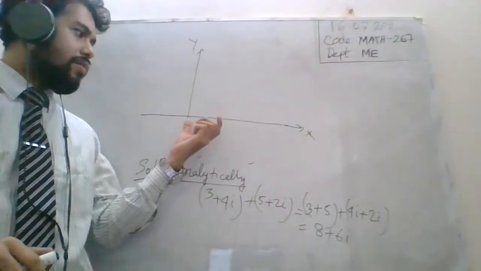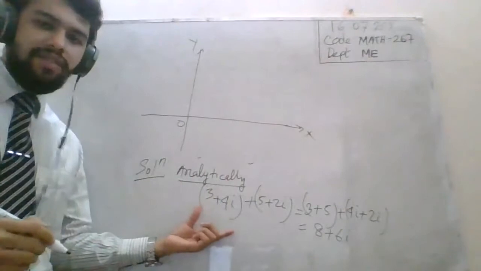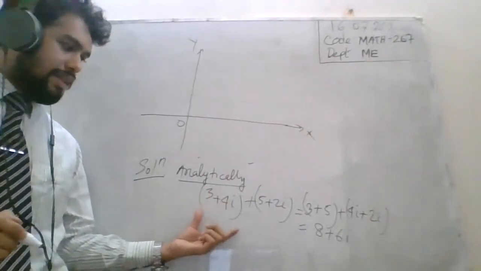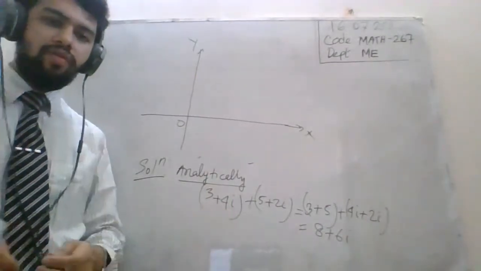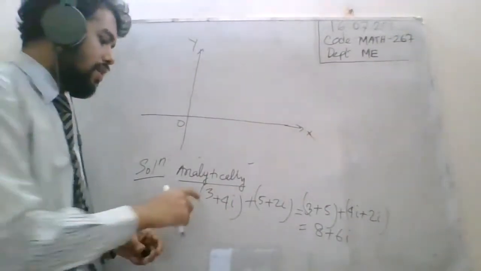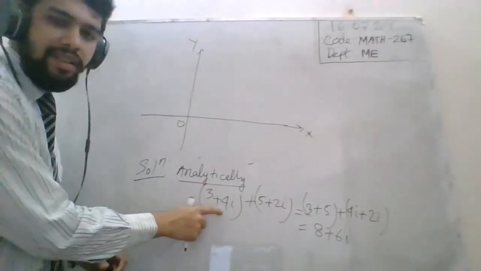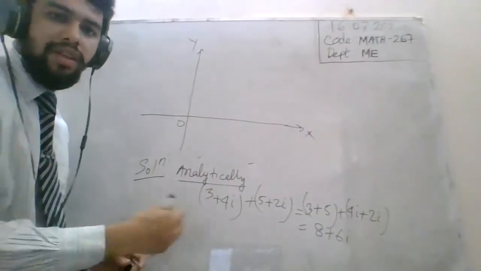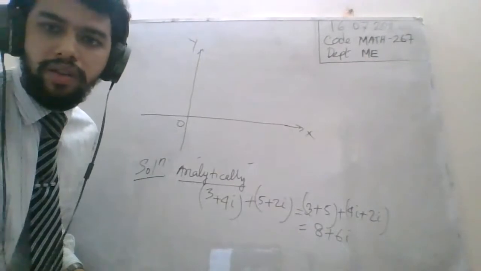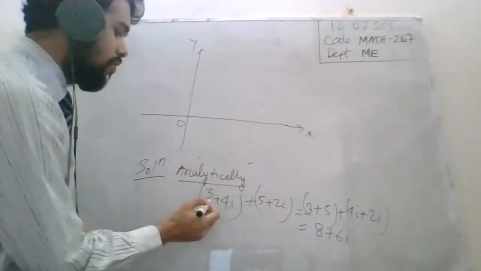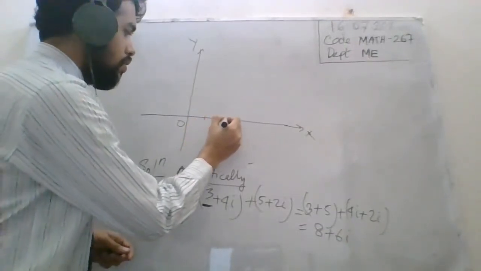Let me take z1 equal to 3 plus 4i. Here the x-axis is the real axis and the y-axis is the imaginary axis. For 3, take 1, 2, 3.